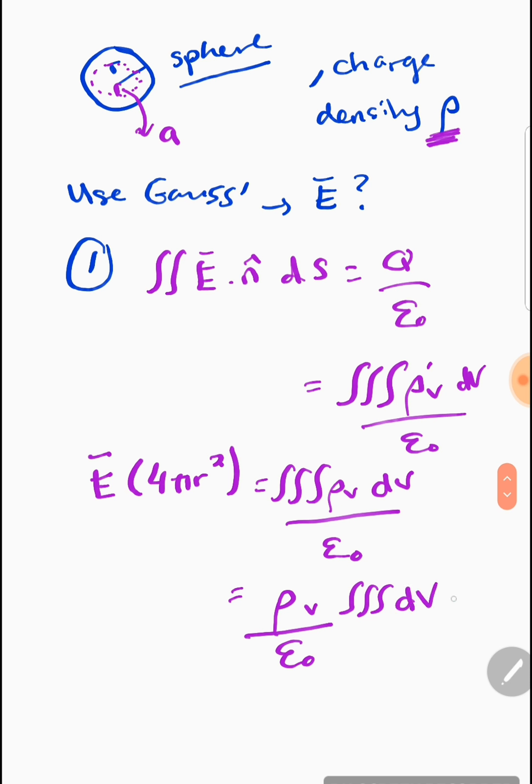So this is the part where we refer back to the definition of Gauss's law. What does Gauss's law say? Gauss's law states that your flux through any closed surface, which is the left hand side here, is equivalent to the total charge Q enclosed by the surface.